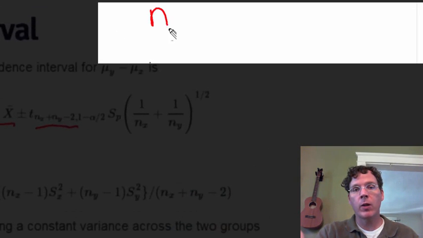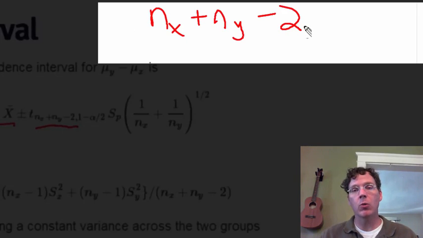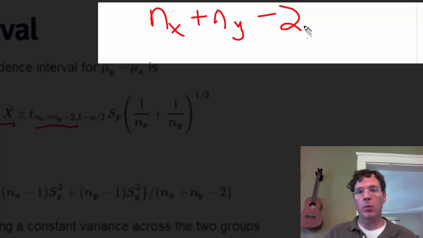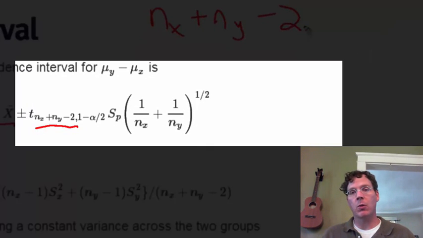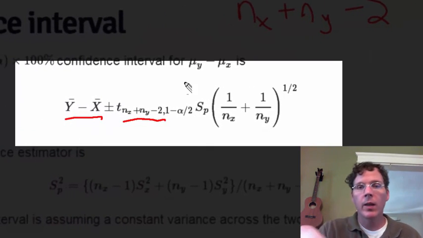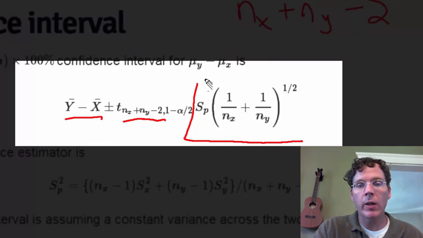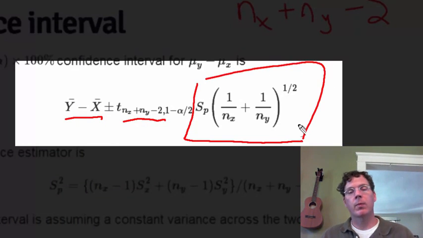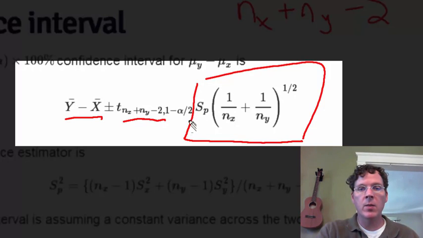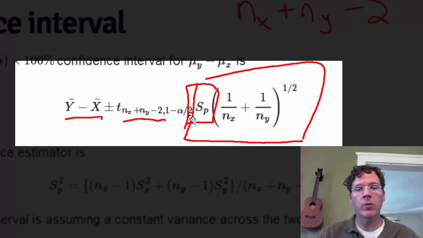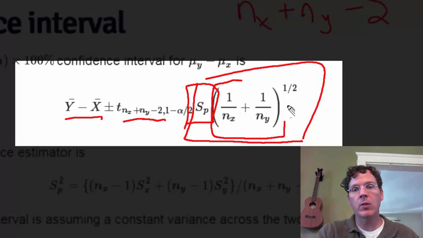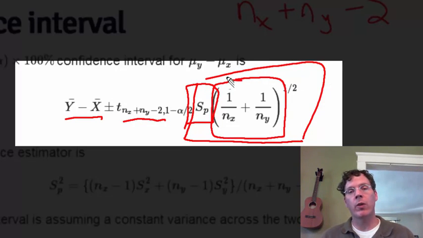The degrees of freedom are nx plus ny minus 2, where nx is the number of observations going into the x group and ny is the number of observations going into the y group. This is the standard error of the difference. This S sub p I'll talk about in a minute, but it is multiplied times this factor here, 1 over nx plus 1 over ny raised to the 1/2 power.